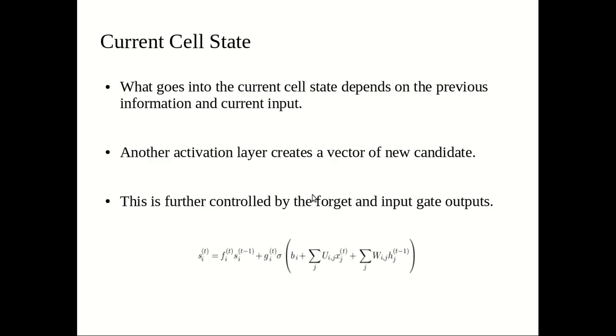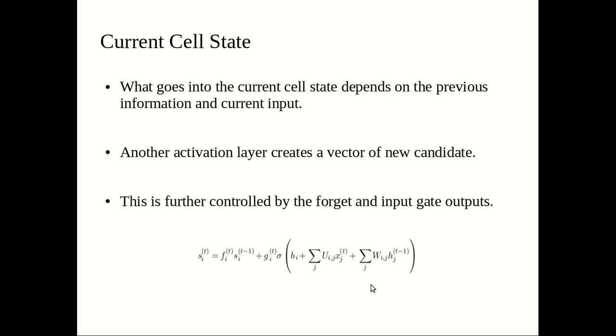Now the current cell state. The current cell state is updated using the output of the forget gate, the output of the input gate, the previous cell state value, and the current candidate.